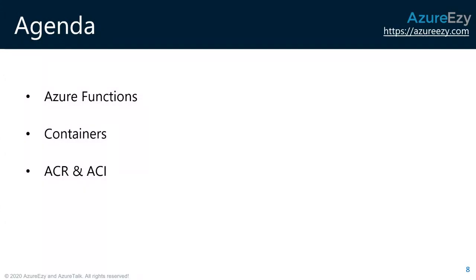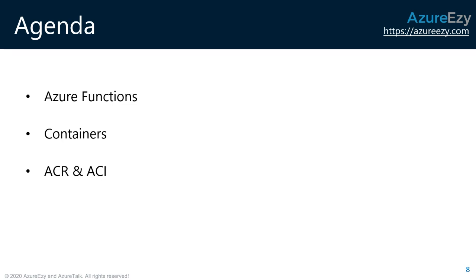Our agenda today is that we will be covering Azure Functions, containers, Azure Container Registry and Azure Container Instance. First we will go through Azure Functions, then the basics of containers, then Docker, and we will talk a little bit about Service Fabric.